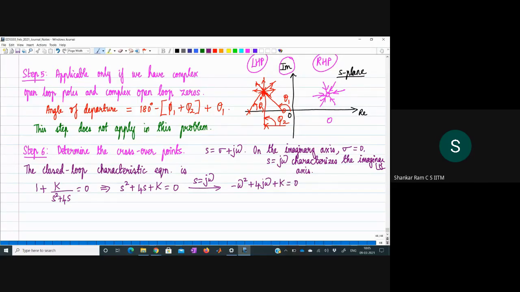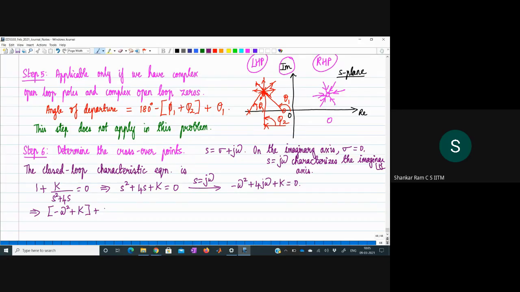Now we see that there are two unknowns in this equation, omega and k. So how do we solve for two unknowns from one equation? Please note that this has both real and imaginary parts. Although at first glance it appears to be only one equation, actually there are two equations.